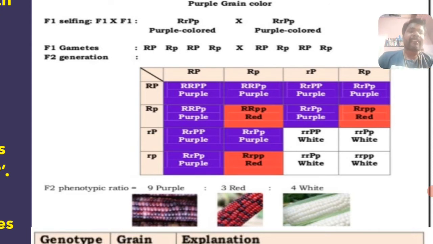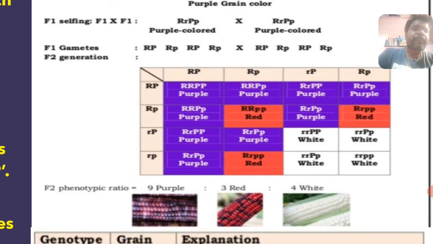These are the nine purple colored zygotic combinations, and then the red colored zygotic combinations. A very important thing here is that capital R is common. It may be homozygous or heterozygous. Homozygous refers to capital R, capital R.